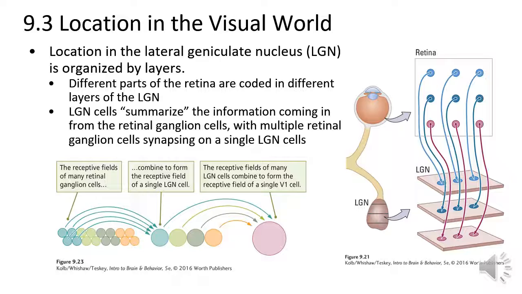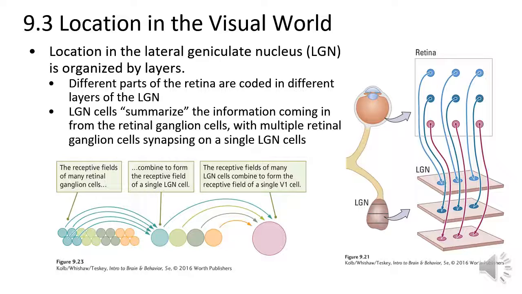So once information about location on the visual field, so like the location of an object, gets to the LGN, it's organized into layers of the LGN, so different places in the visual field are coded in different layers of the LGN. And the LGN cells summarize the information coming in from the retinal ganglion cells.